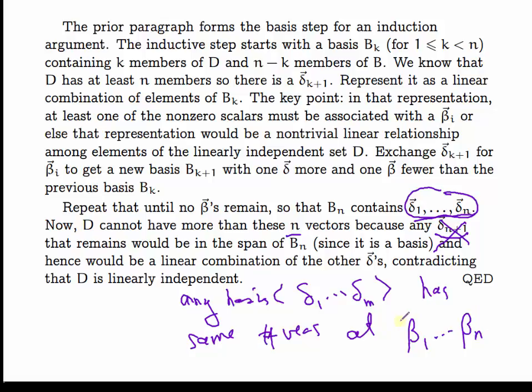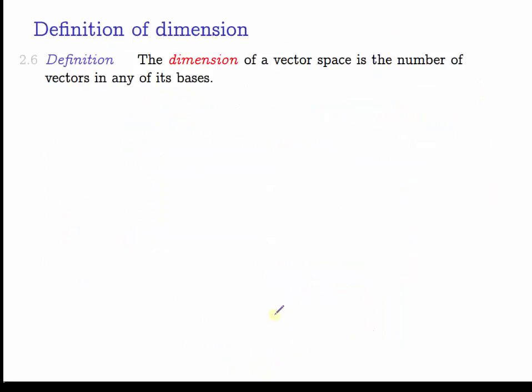So that means that any basis in this particular vector space will have the same number of vectors in it. So this gives us a definition of dimension. The dimension of a vector space is the number of vectors in any of its bases. Doesn't matter which basis I choose, they'll all have the same number of vectors.